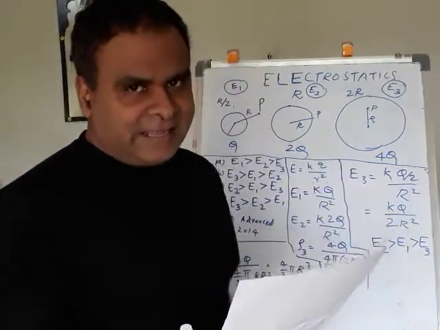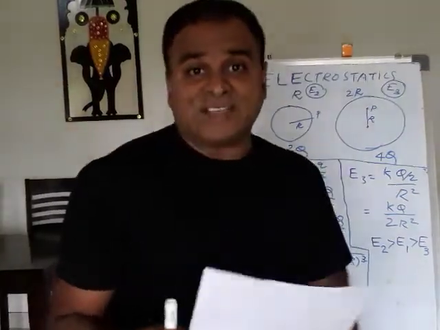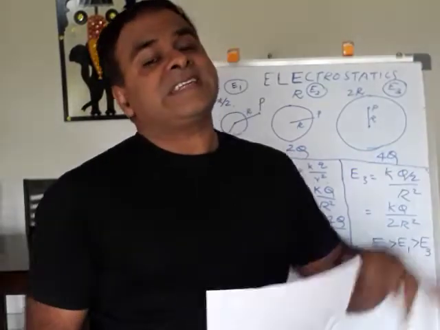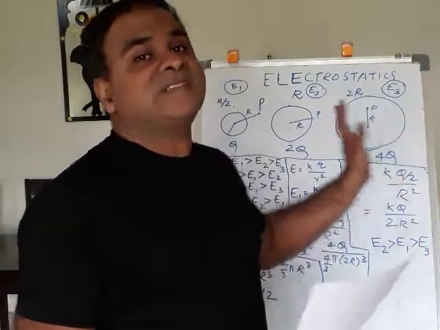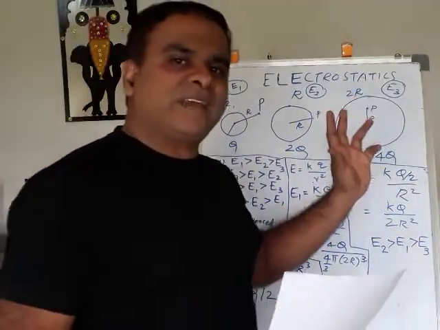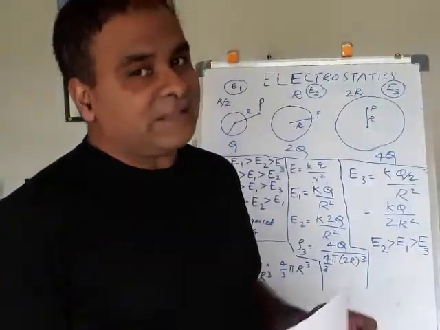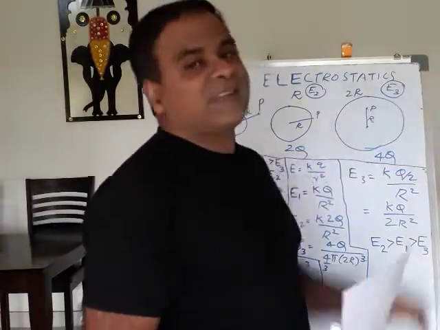We are discussing the intensity of electric field at a point P, which is at a distance capital R from these spheres. The first sphere we are taking as E1, second sphere E2, third sphere E3.